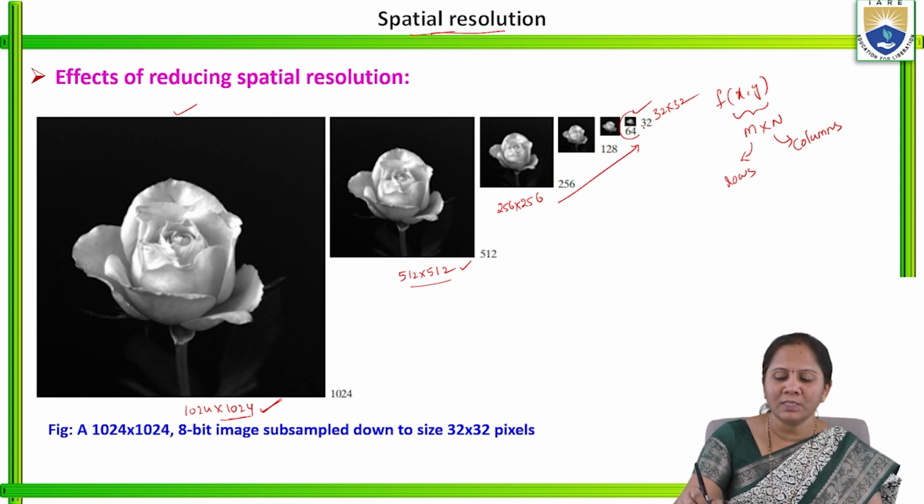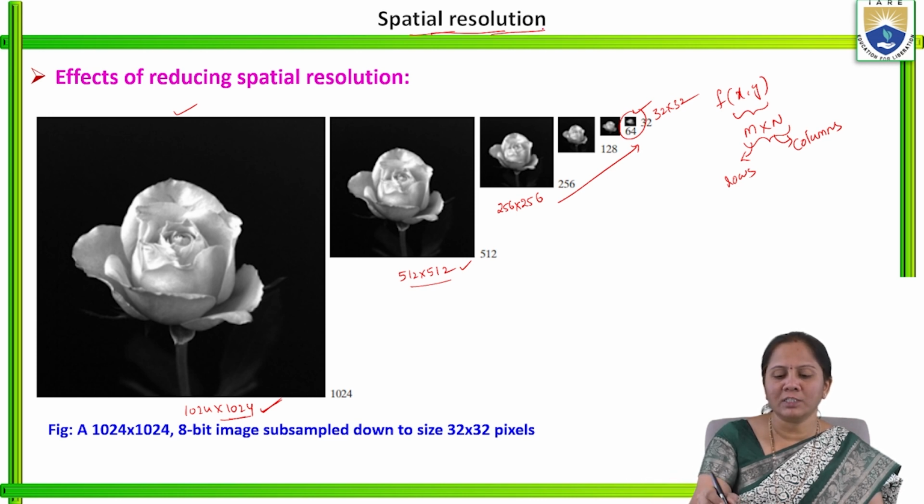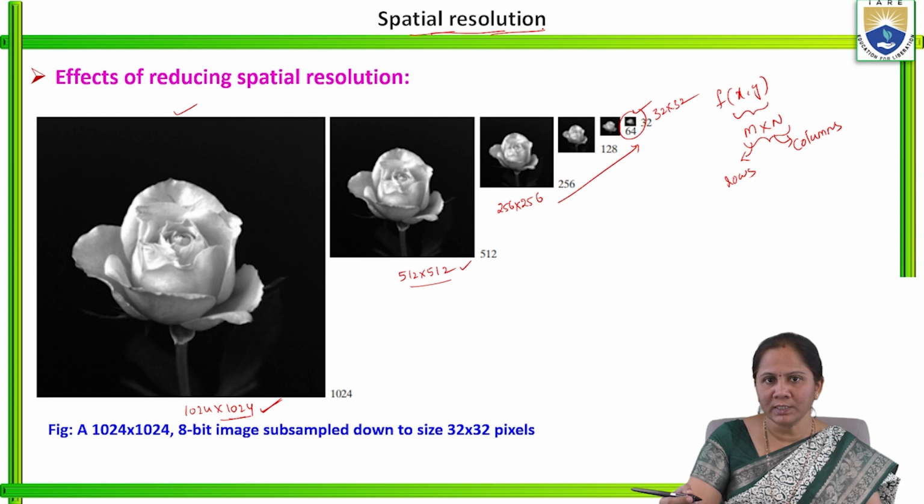If we observe this image, it is very difficult to see and the quality of the image has been reduced. So as the values of m and n reduce, the spatial resolution of the image reduces and the quality of the image will get degraded. So it is not possible to see this image. We can clearly observe it in the next slide.